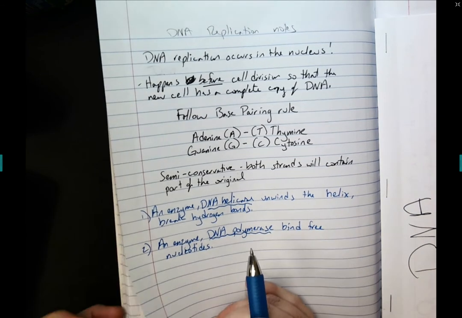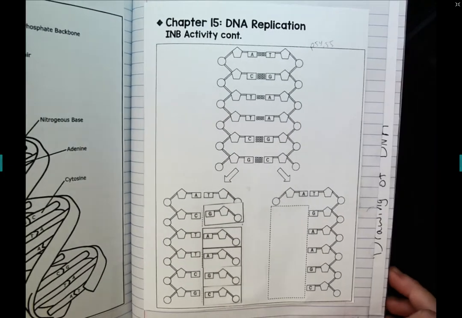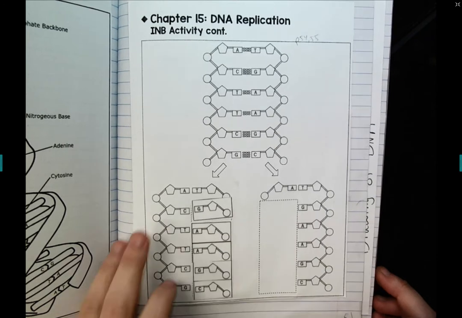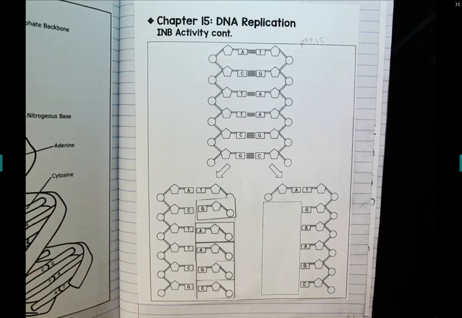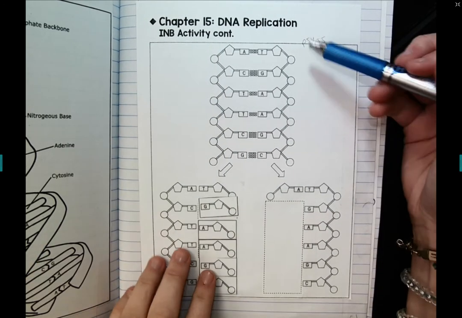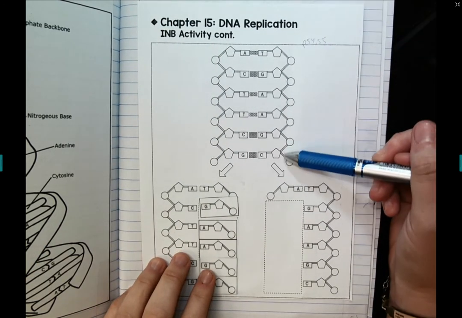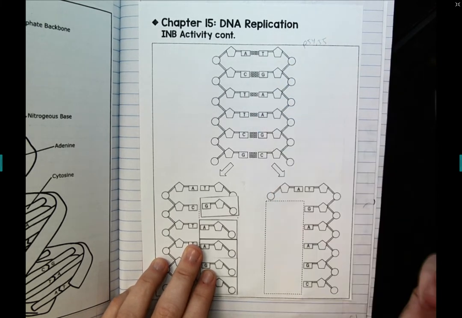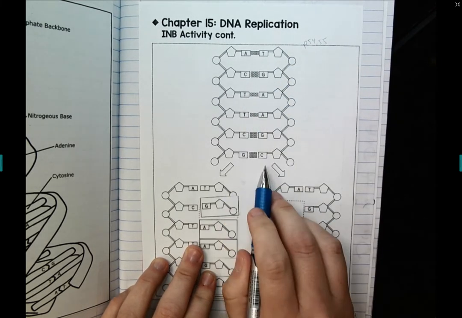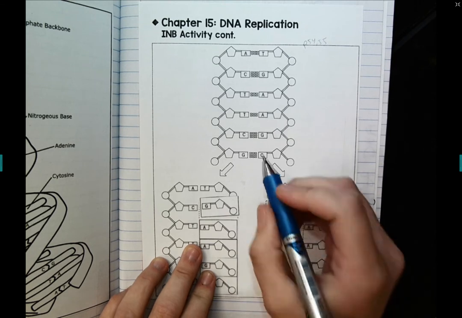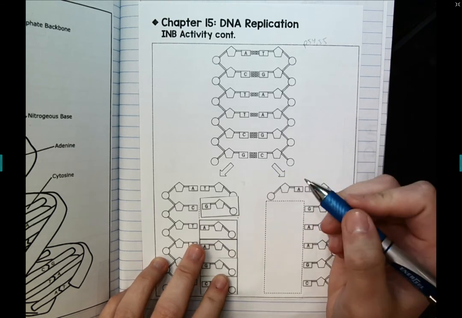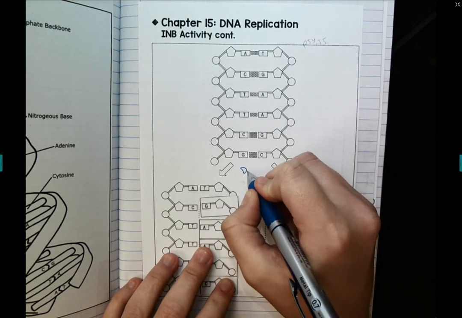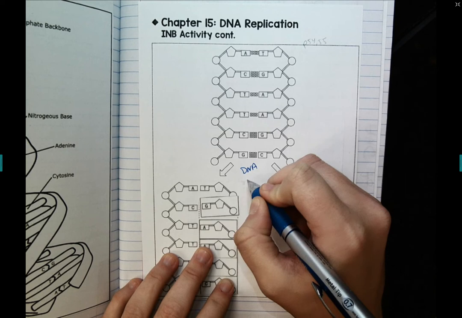So I'm going to flip the page in my notebook. So I've got my DNA strand here. So here is my original parent strand. I can see all of my bases are connected together. And here, my DNA helix has been unwound by helicase.